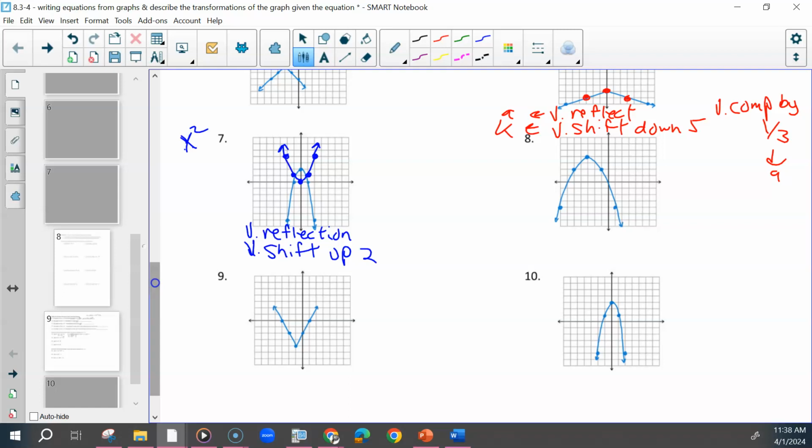What's that distance? It is a stretch. By how much? It's 2. So when looking for that stretch or compression for your quadratic, you look at the distance between the vertex and the next point. That'll tell you what that is. So then we're going to have an A and a K again.